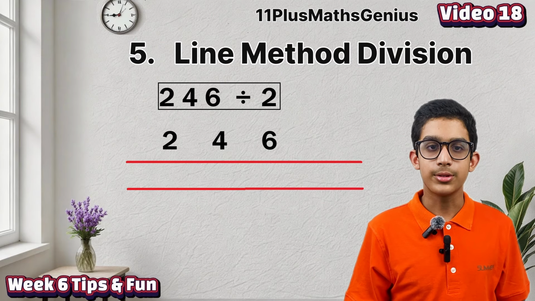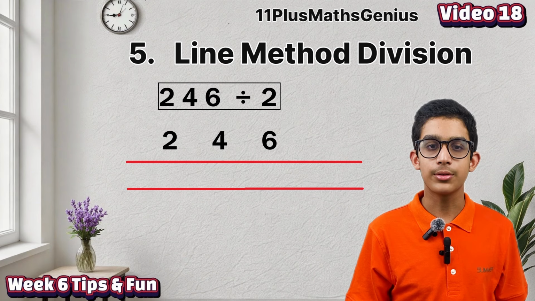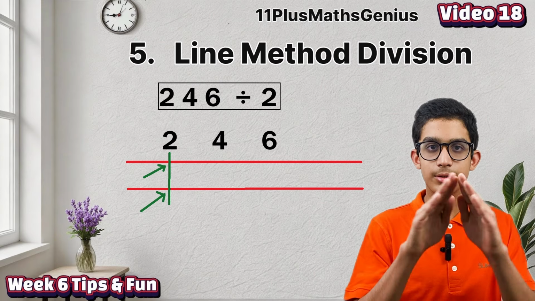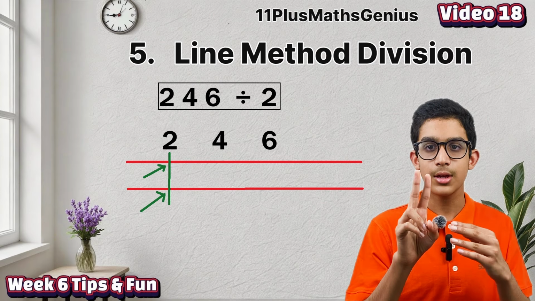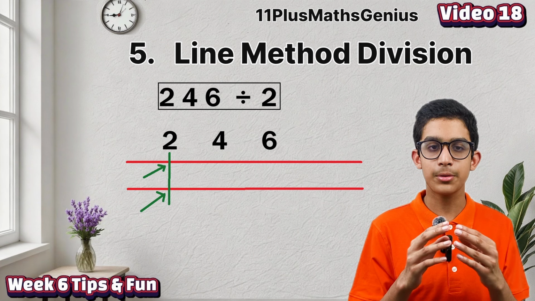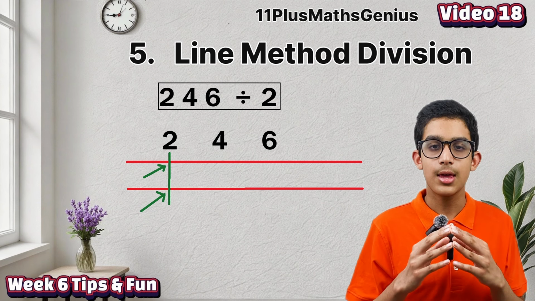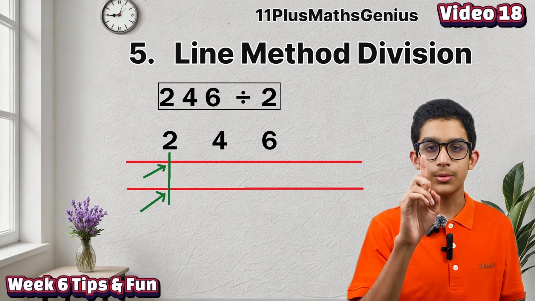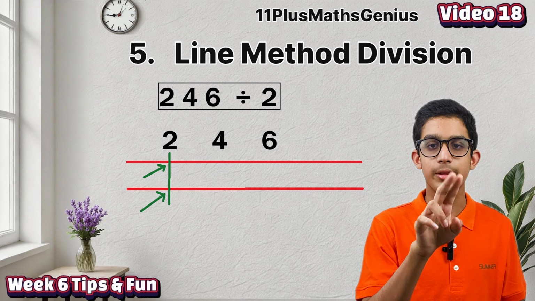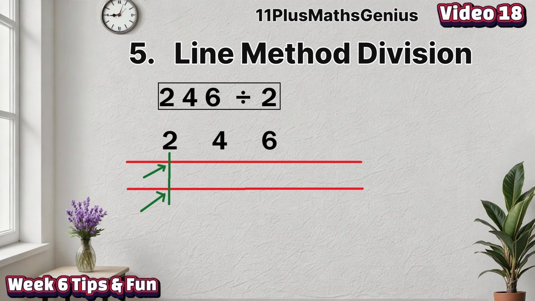Now, place 246 with some gap on top of the lines. Draw vertical lines under 2 until we get the same number of points on the top. Here, we draw one line and get 2 points. So, we do not need to draw any more lines.